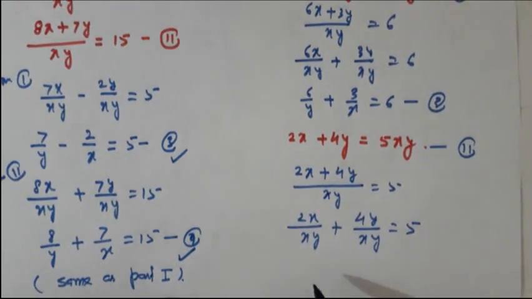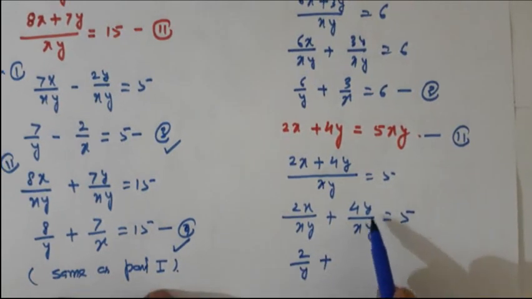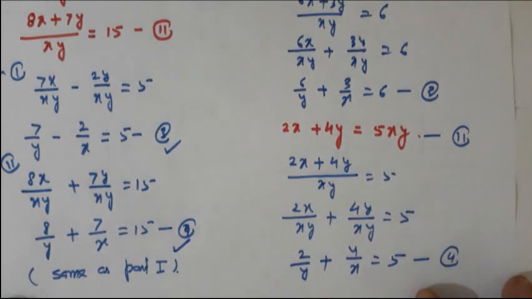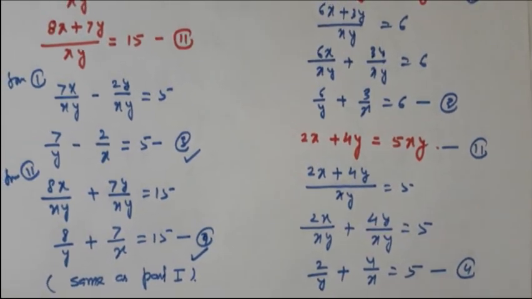Then x and x cancel, 2 upon y plus, here y and y cancel, 4 upon x is equal to 5. This is the equation number 4. So this equation number 3 and equation number 4, once more it is changed in the form of question number 1. So we can do question number 1 method से इस part 5th को भी कर सकते हैं.